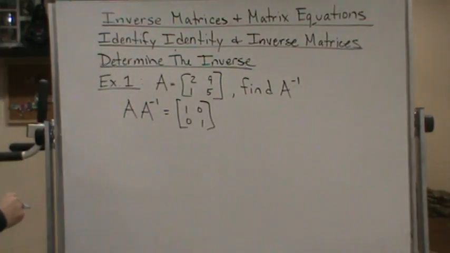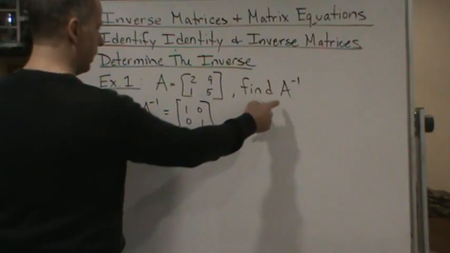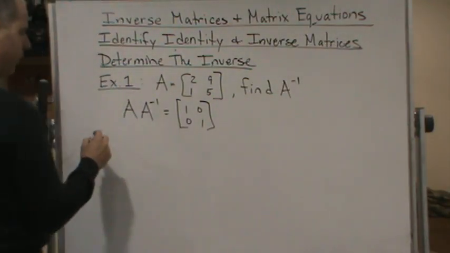It has to, right? If it exists, then we know that it has to equal the identity when we multiply them this way, or the other way, I should say.